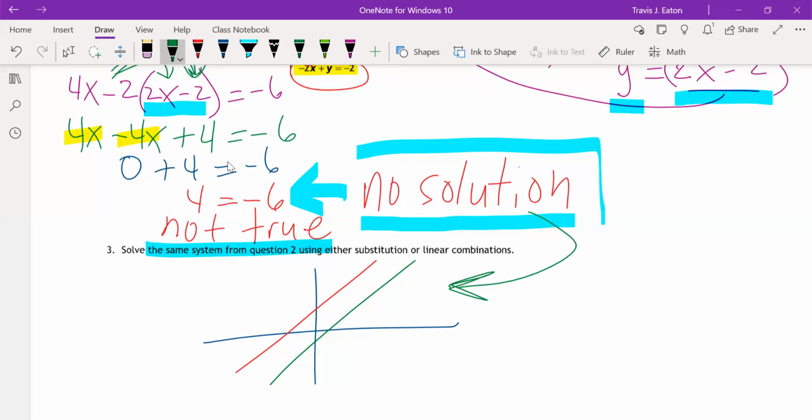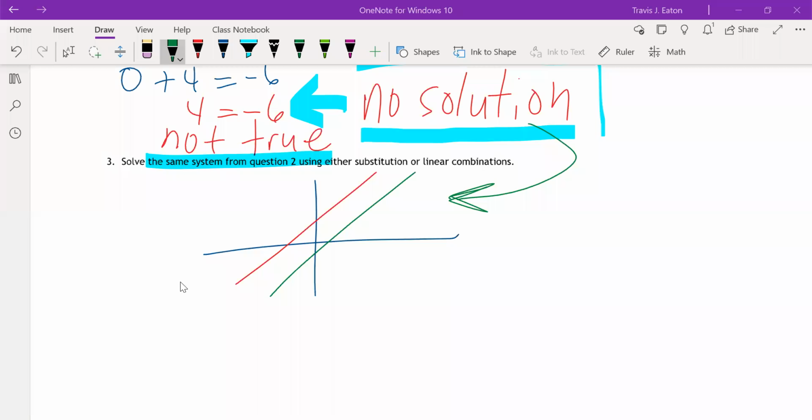They had no solution. Okay, now give me just a second here. That is not what I intended to do. All right, so obviously no solution, parallel lines, they never intersect.